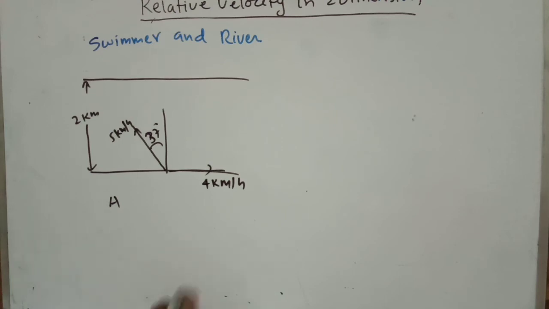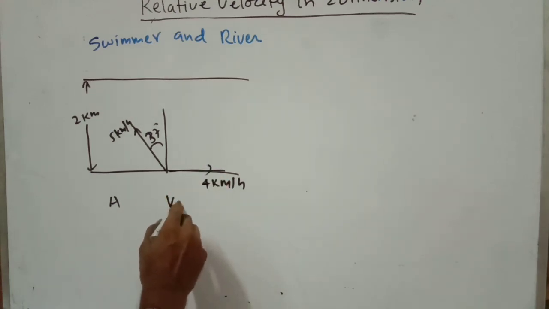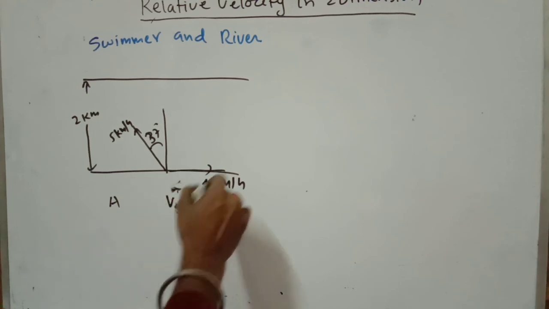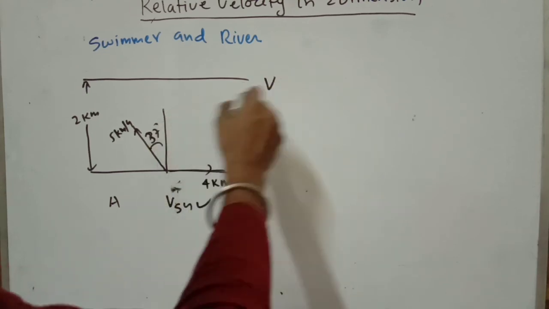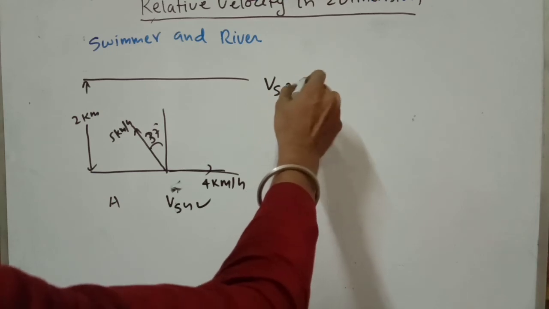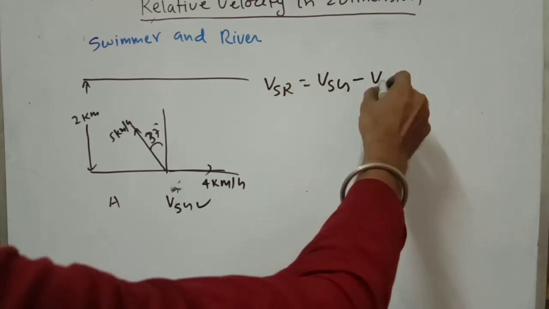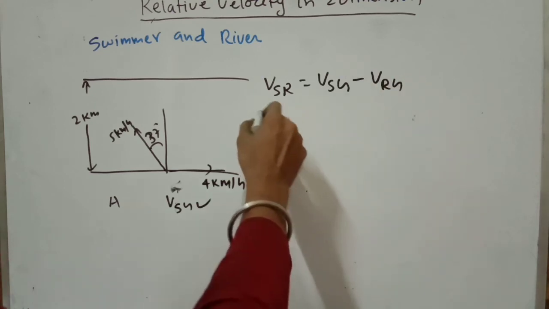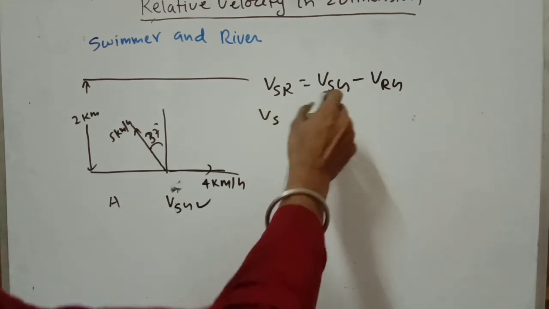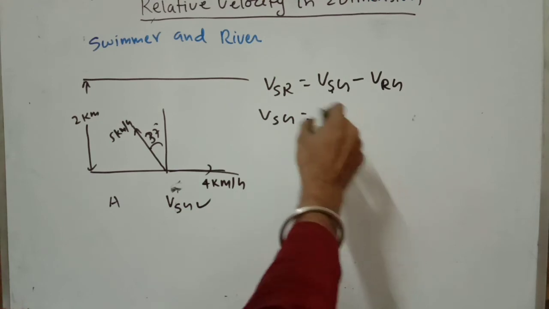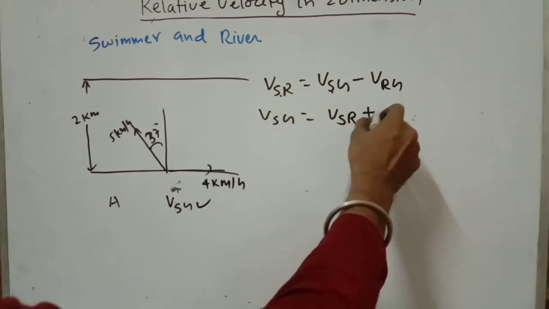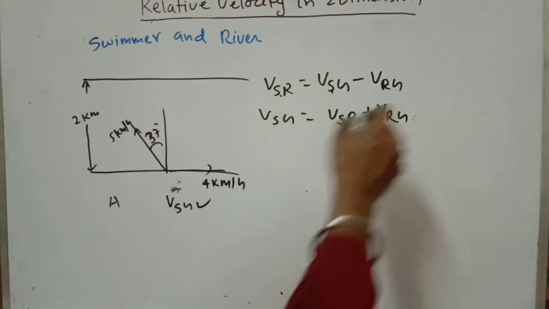So firstly, find the velocity of the streamer with respect to the ground. For this we write: velocity of streamer with respect to river equals velocity of streamer with respect to ground minus velocity of river with respect to ground. So the velocity of streamer with respect to ground equals velocity of streamer with respect to river plus velocity of river with respect to ground.